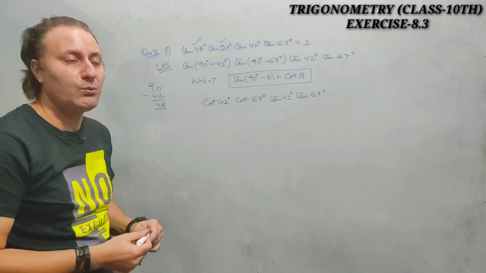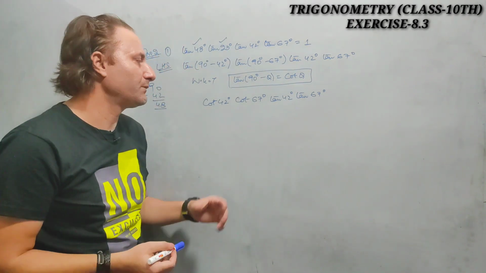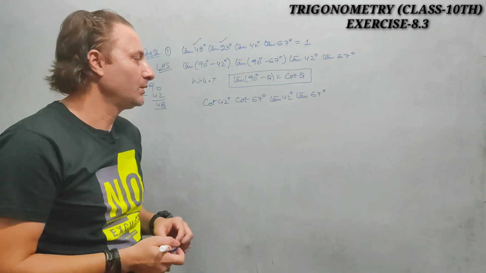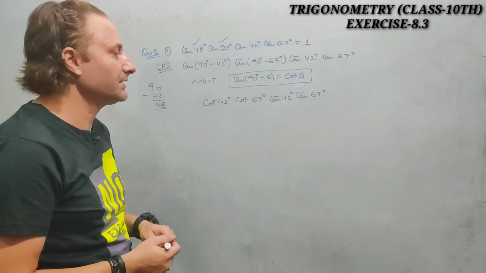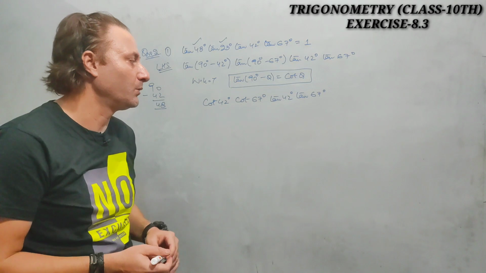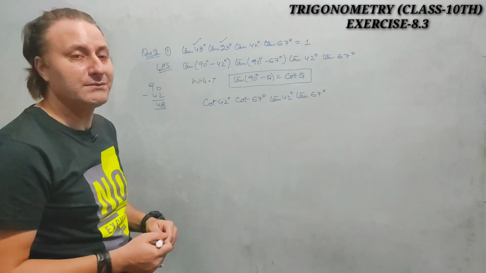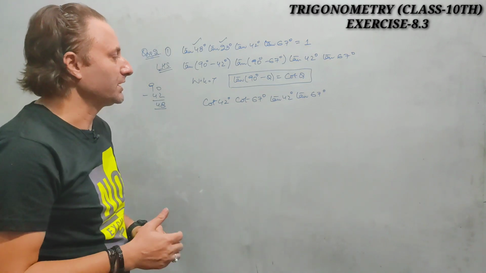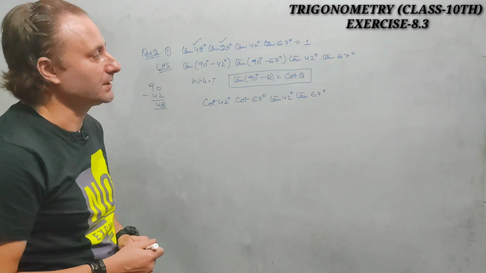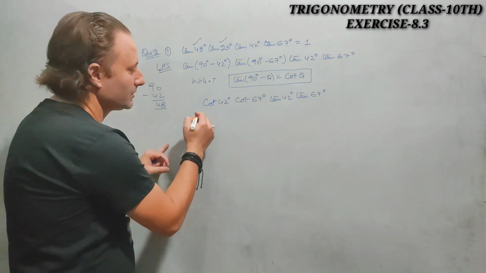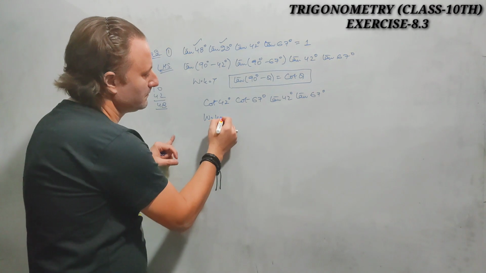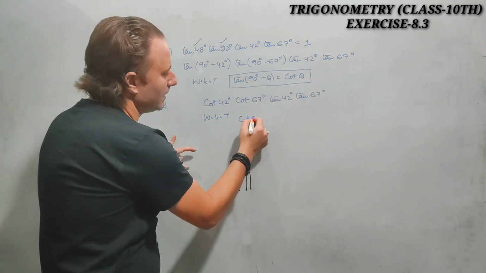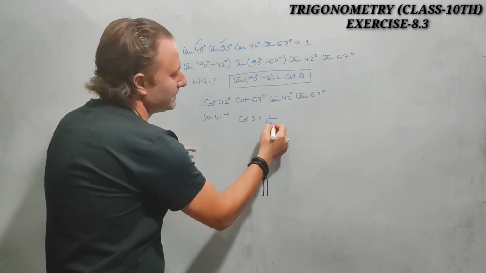So till now we were getting questions where we could cancel things, but here we are in a fix. Why? Because there's nothing that we can cancel as of now. But if you remember the first lecture which I did for this chapter, I told you that cot theta is equal to 1 upon tan theta.